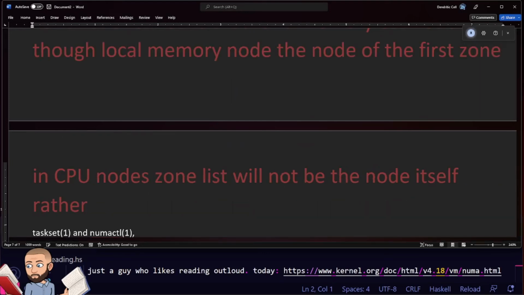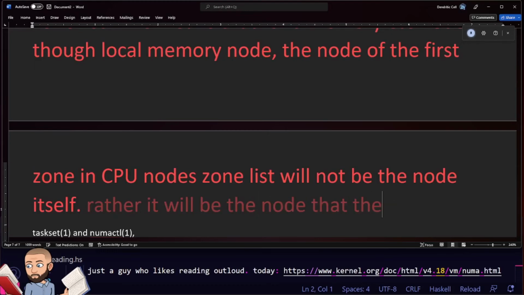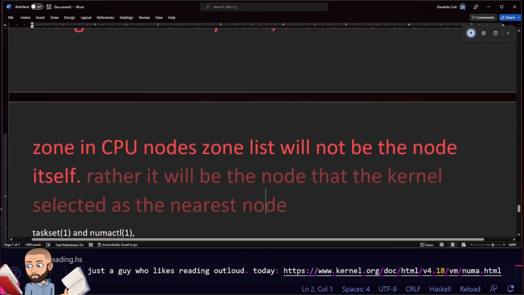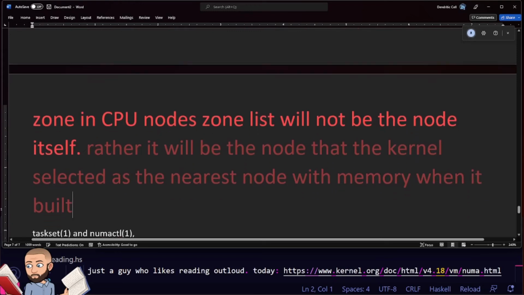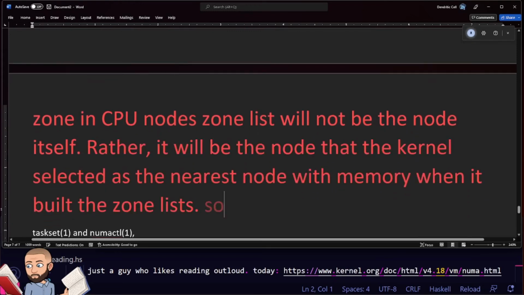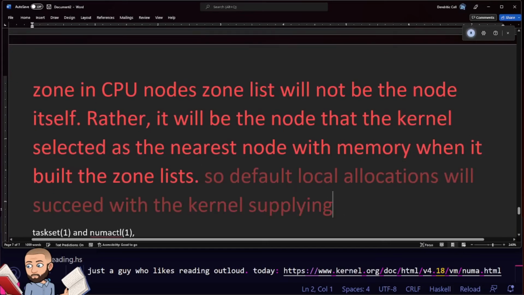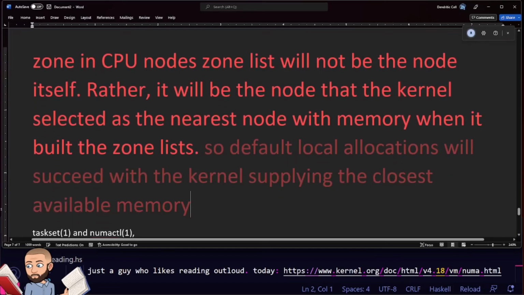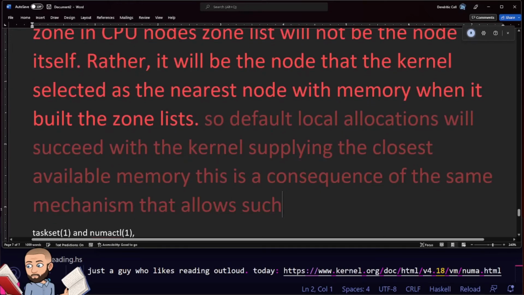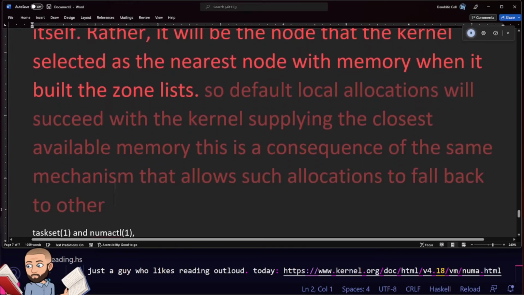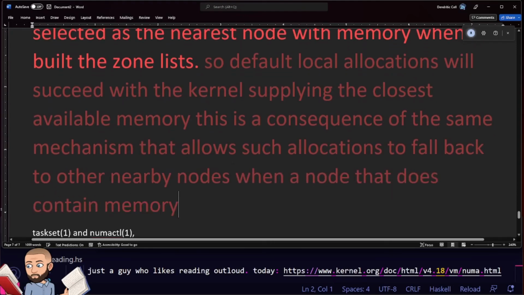Rather, it will be the node that the kernel selected as the nearest node with memory when it built the zone lists. So default local allocations will succeed with the kernel supplying the closest available memory. This is a consequence of the same mechanism that allows such allocations to fall back to other nearby nodes when a node that does contain memory overflows.